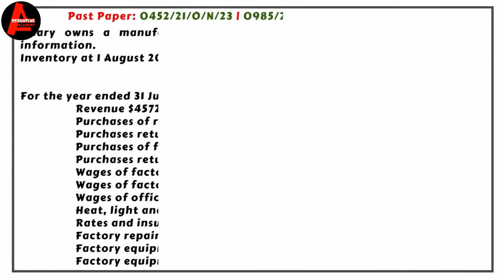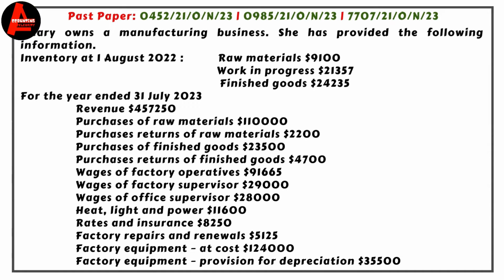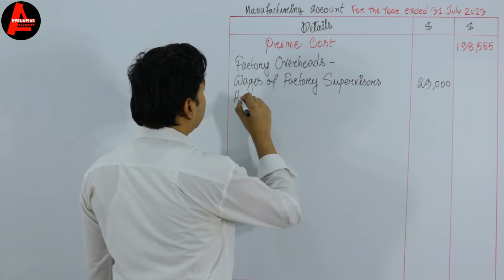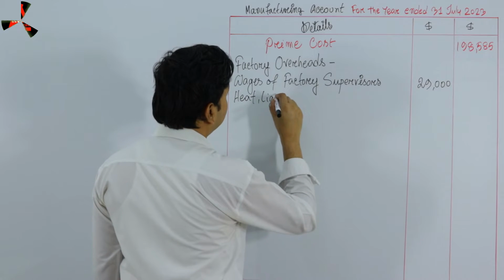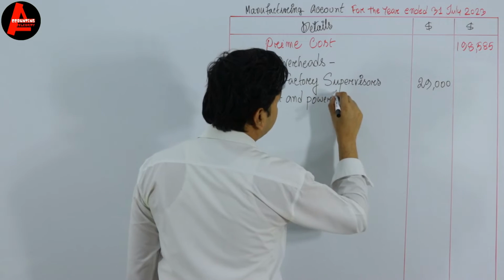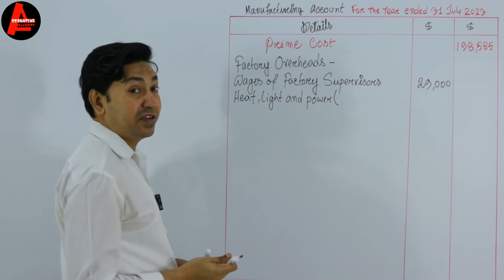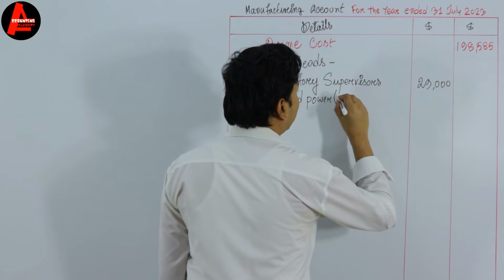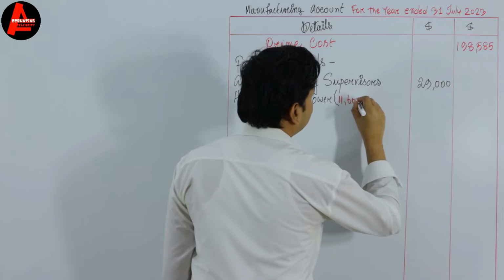Then we have heat, light and power. It is $11,600. So let us write here heat, light and power, $11,600.